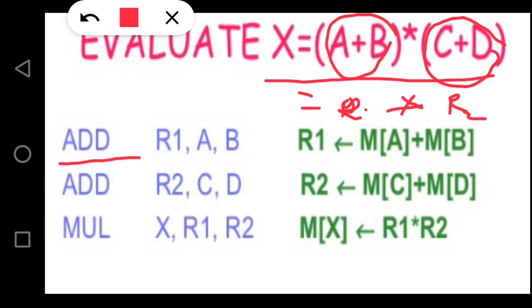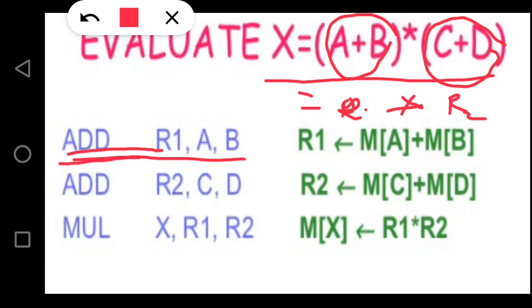If you have a general purpose register organization, with instructions specified in three address format, first you would specify add R1, comma, a, b.